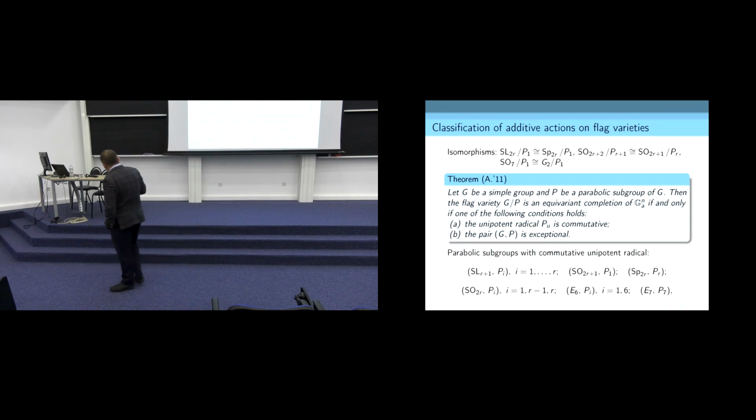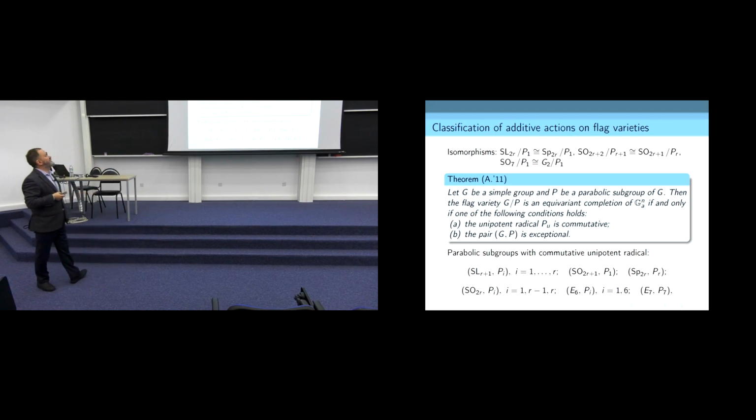And the question is: is it true that this is the only case to have an additive action? And it turns out that the answer is yes and no. No, because there are flag varieties with a non-commutative unipotent radical of the parabolic subgroup which have an additive action. But the reason for this is only this isomorphism.